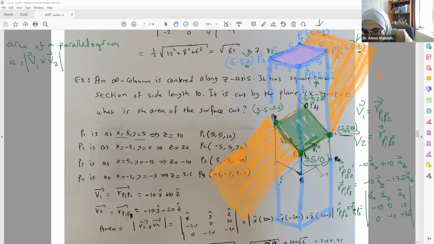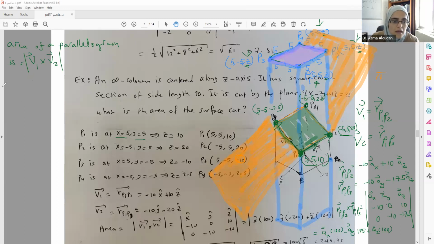We calculate the determinant: a sub x times 0 plus 100, so it's 100, minus a sub y times 175, plus a sub z times 100.